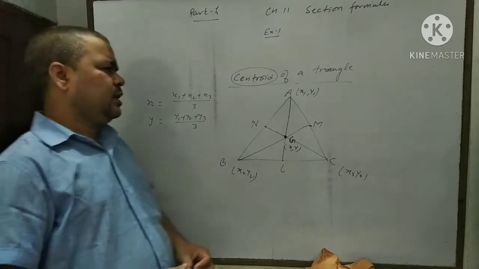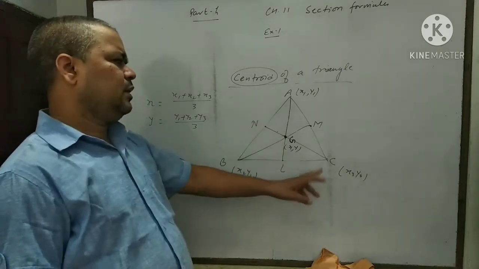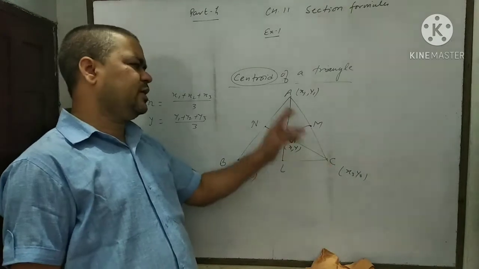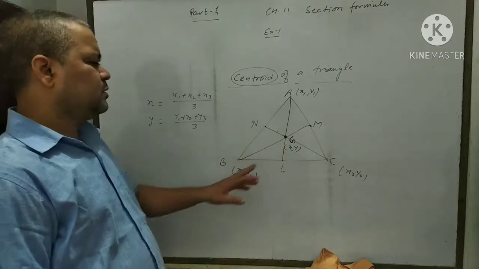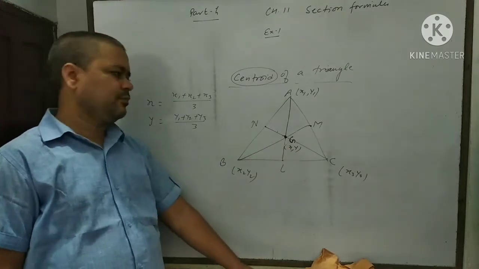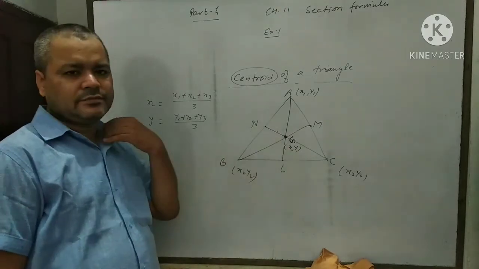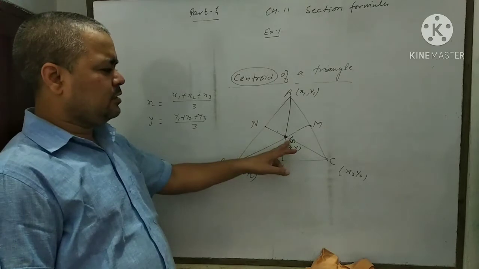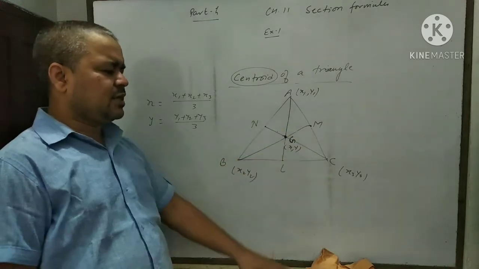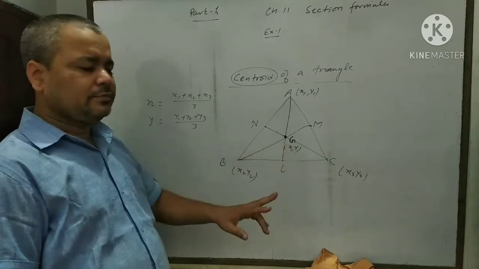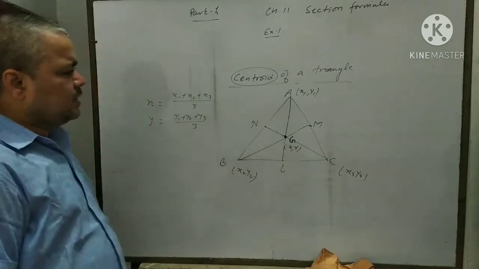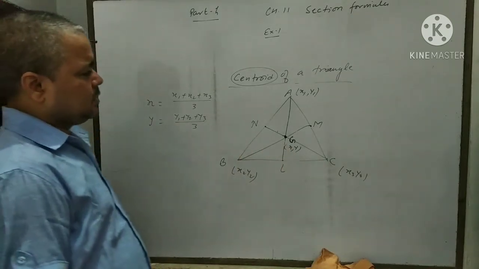In this way, for any triangle, if the coordinates of the three vertices are given, we can simply find the coordinate of the centroid. What is the centroid? The point where the medians of the triangle intersect. There are three medians of the triangle. In this way we can find the centroid of the triangle also.